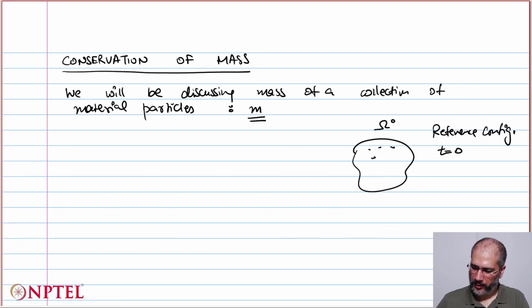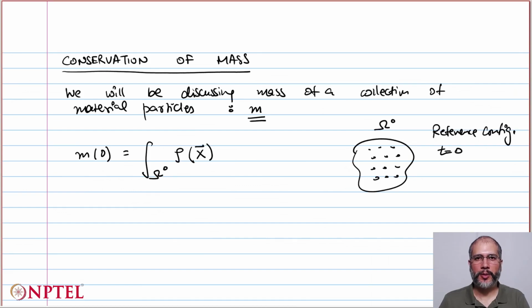Collectively, their mass at time t equal to 0 can be written as the integral over the reference configuration volume omega naught of the density field, which is a function of capital X. This is the Lagrangian description of the density field, times d omega naught.